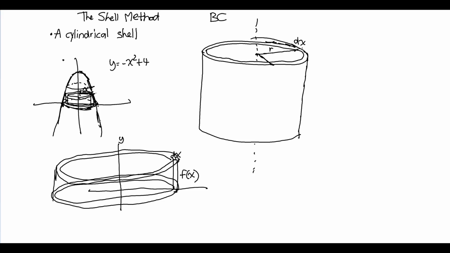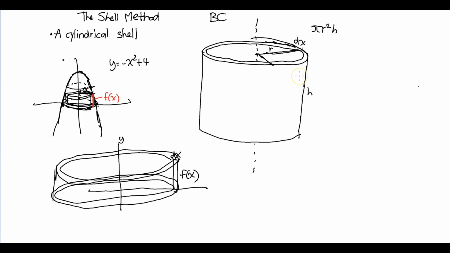What we're going to do is find it in terms of R. So this is literally equal to the volume of the big cylinder, pi r squared h. This does have a definite height, and this height is equal to f of x. If we look over here, the height of our cylindrical shell is f of x. So pi r squared h.